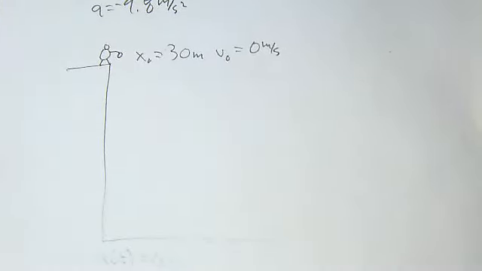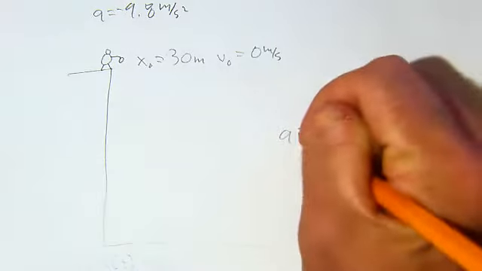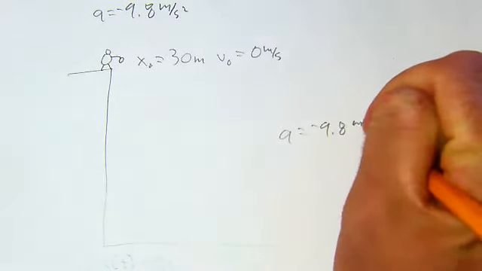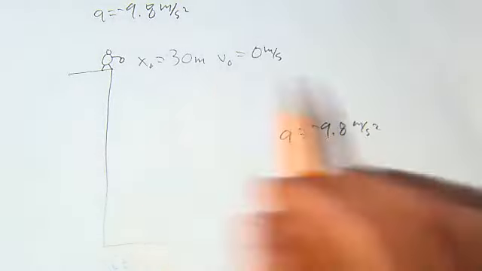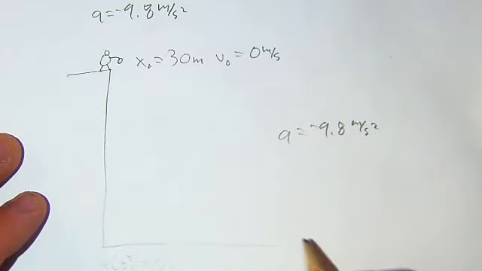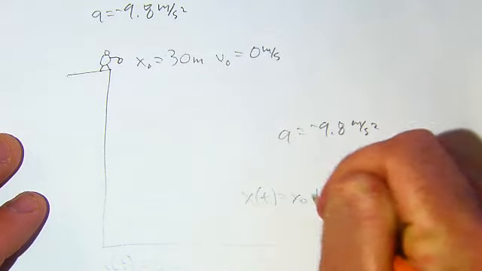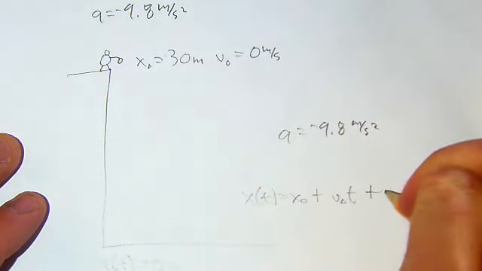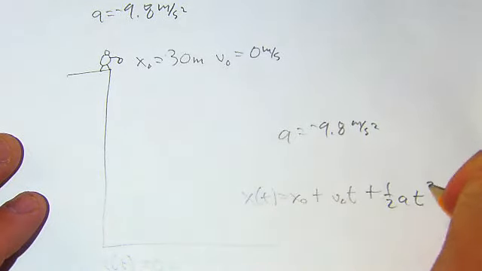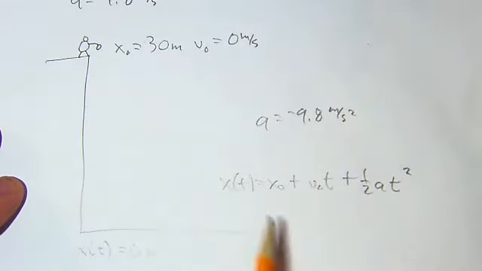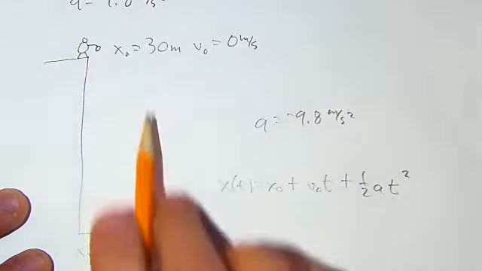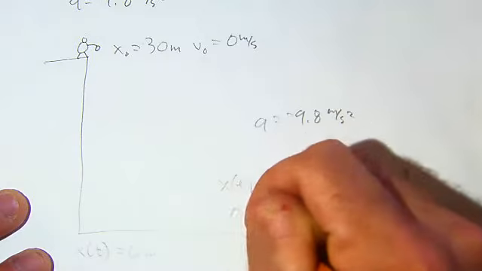And what else do we have? a is negative 9.8. I think that's everything we know. All right, let's look at our formula. Okay, right there. And we can just start filling stuff in. x of t is 0.